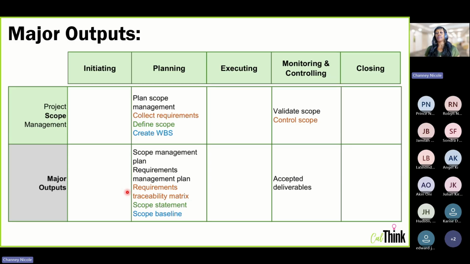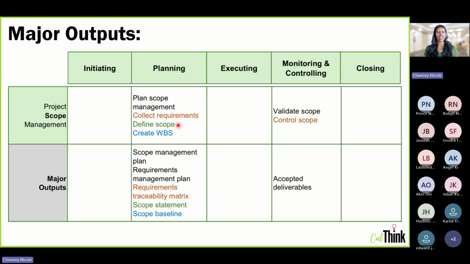If you've been preparing for your exam and taking practice questions, you've probably seen this term come up in a question or two. So that's why it's so important, because PMI loves to reference the outputs and not actually the process. It's trying to test you to see if you understand the flow of processes in the overall process grid.